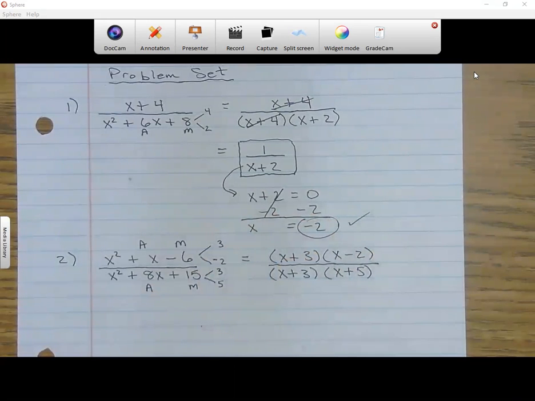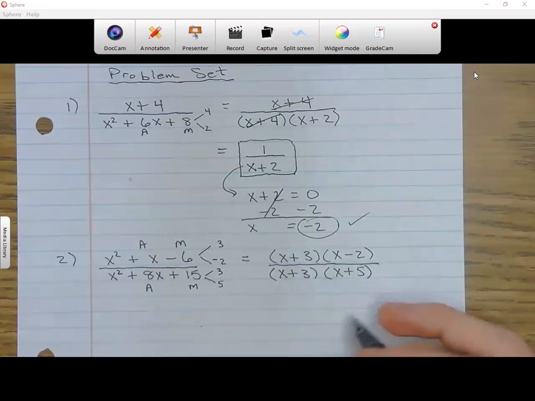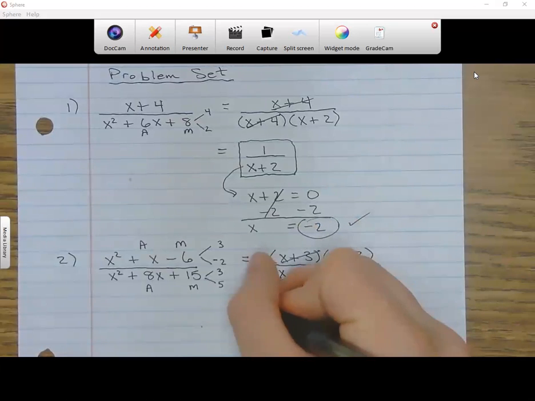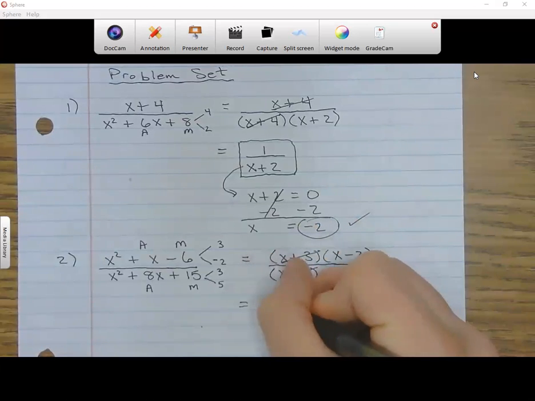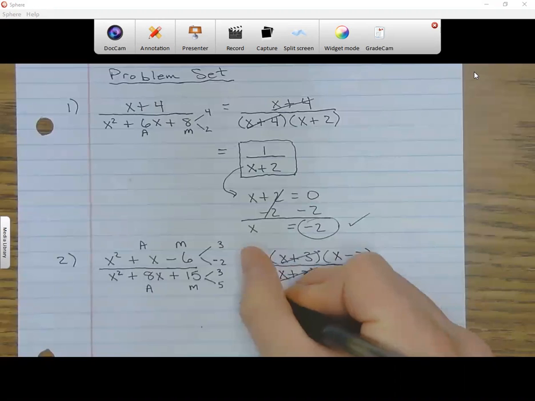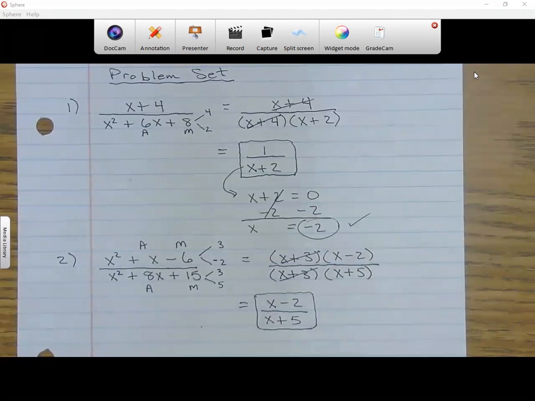All right, so what's the same on the top and bottom? The x plus 3's, right? So I can cross those out, and then what am I left with? x minus 2 on the top, and x plus 5 at the bottom. Good. So that's my simplified form.